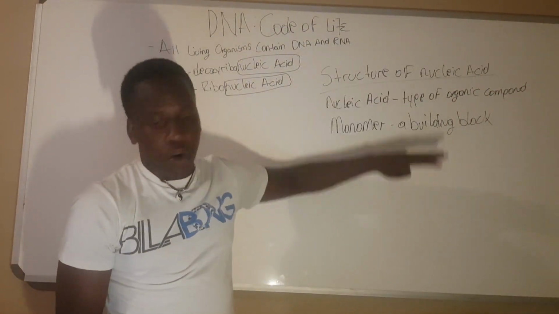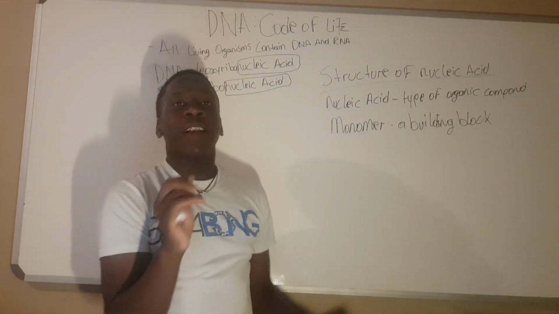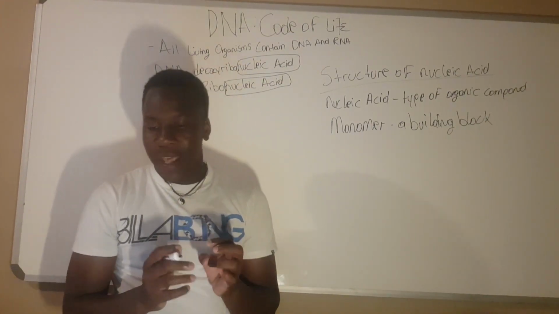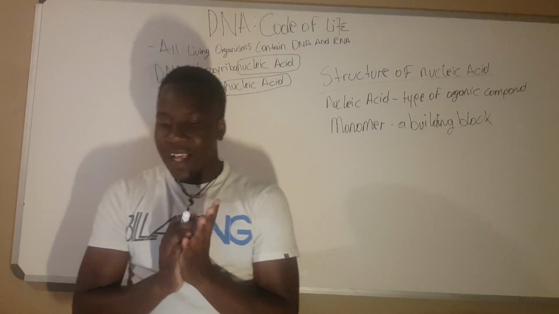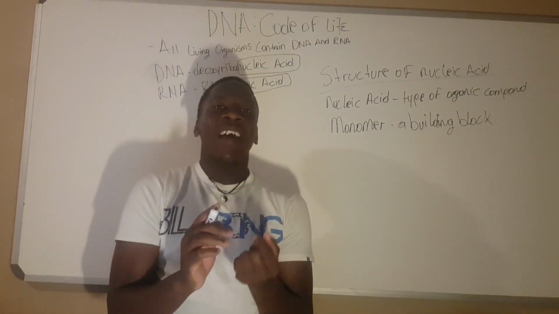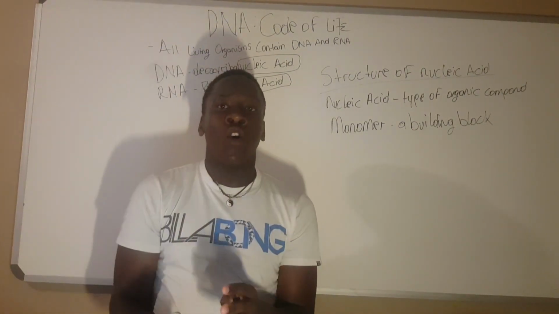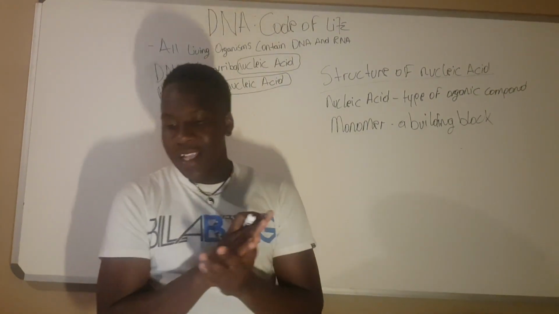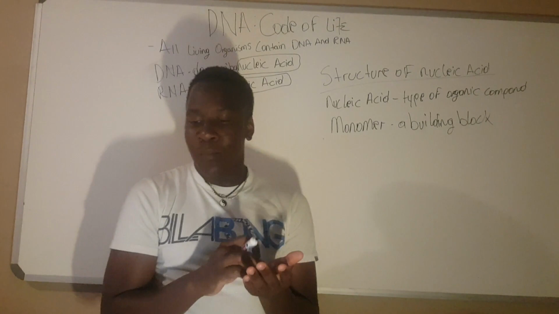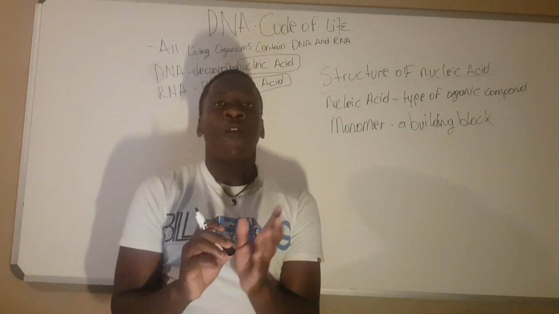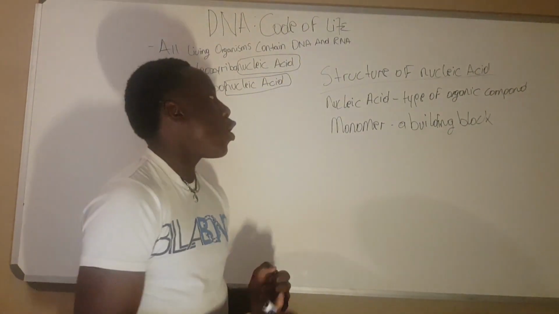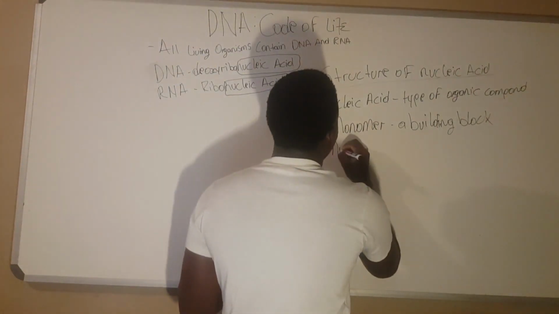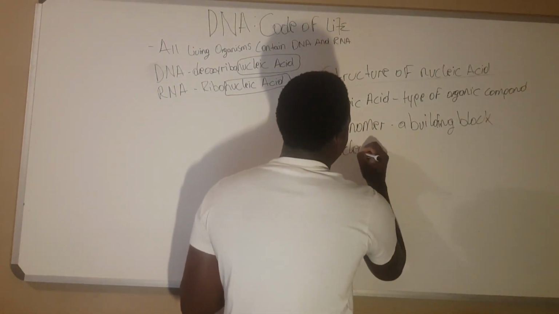After all of this, we have the most important thing in a nucleic acid, which is the nucleotide. Basically, a nucleotide is a building block, a monomer, for DNA and RNA. So, a nucleotide builds DNA and RNA.